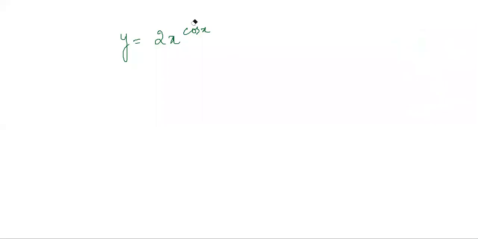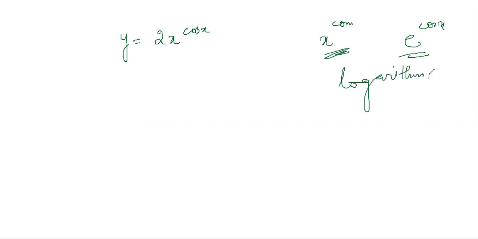Okay, so let's do this question also. This is a little different, I guess. Whenever such conditions are given, you actually cannot go by taking x raised to cos x directly. If it was e raised to cos x, then you can write it directly. But when this is given, you have to use logarithms. So take log on both sides. Log of y, then log of 2x to the power cos x.